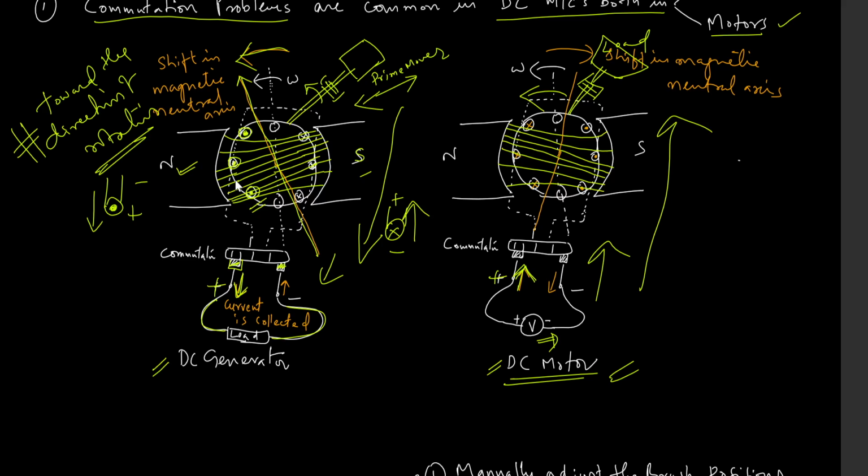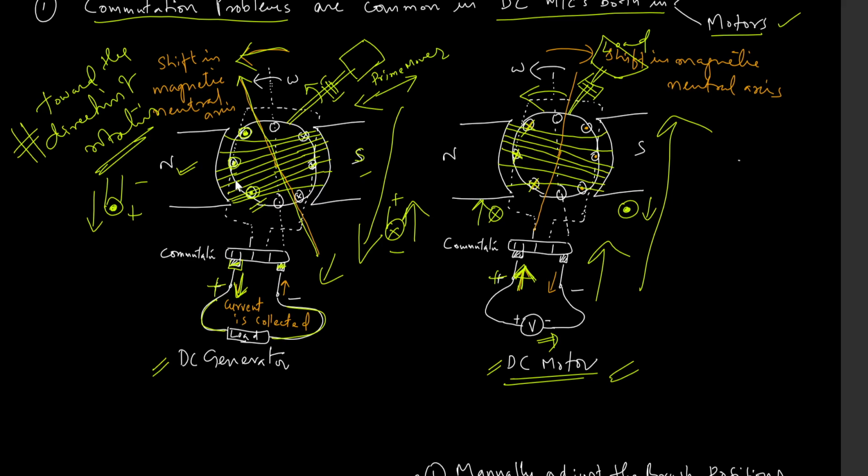Now the current direction in the armature conductors under the north pole will be cross, and under the south pole it will be dot.